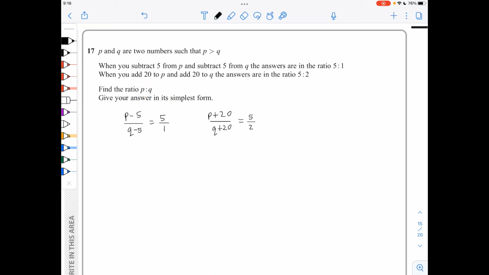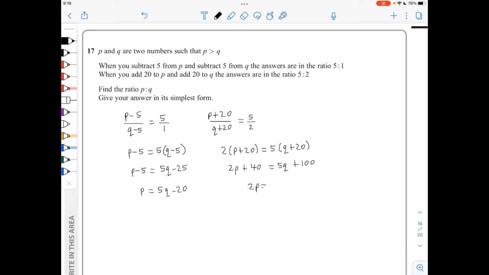I will start by cross multiplying the first. P minus 5 is 5 brackets Q minus 5. So P minus 5 is 5Q minus 25, leading to P is 5Q minus 20. And then here I'm going to cross multiply. 2 brackets P plus 20 is 5 brackets Q plus 20, leading to 2P plus 40 is 5Q plus 100.